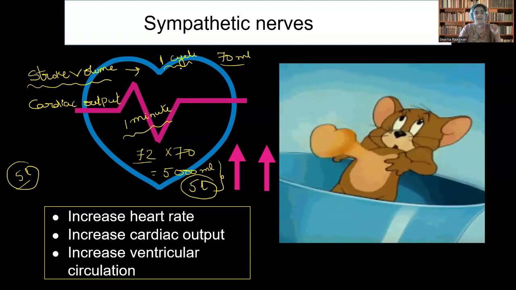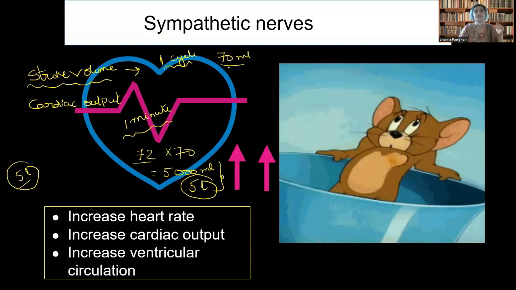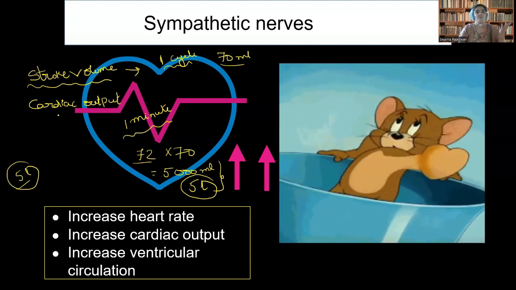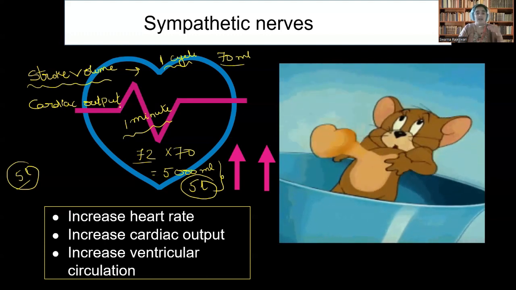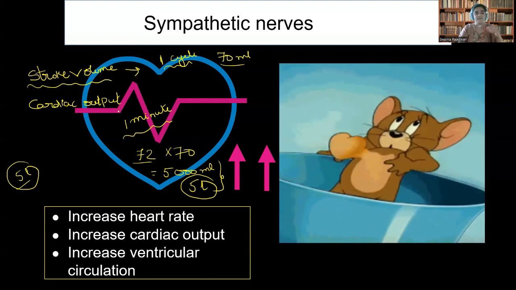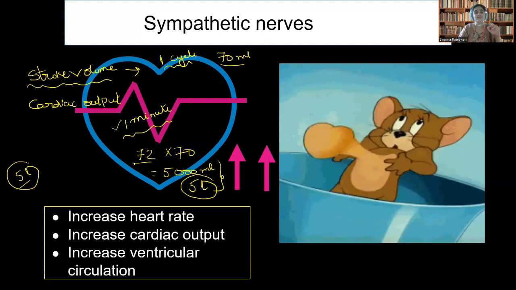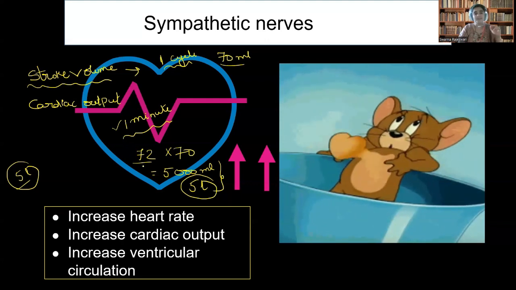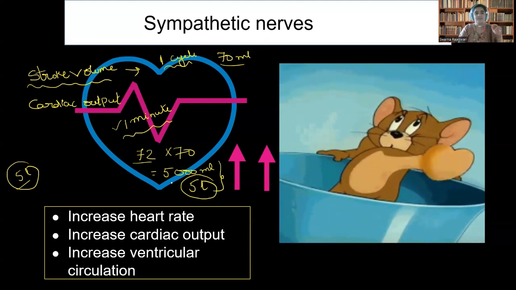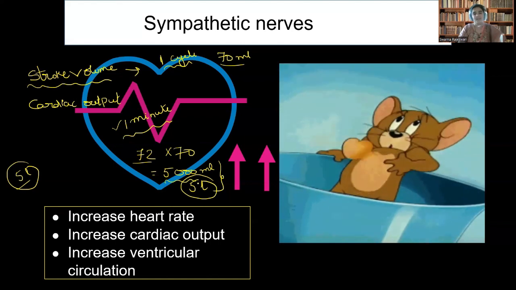This is approximately 70 ml, whereas cardiac output means the amount of blood that is pumped in 1 minute, and we know that the heart beats about 72 times per minute. So it is 70 into 72, approximately 5000 ml.